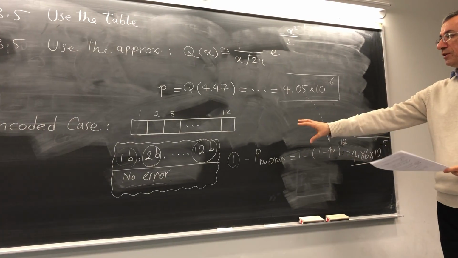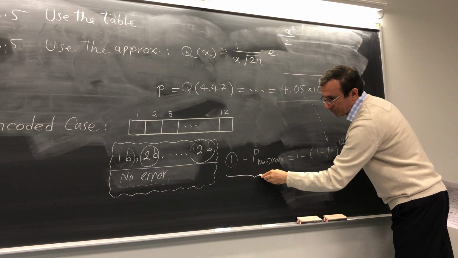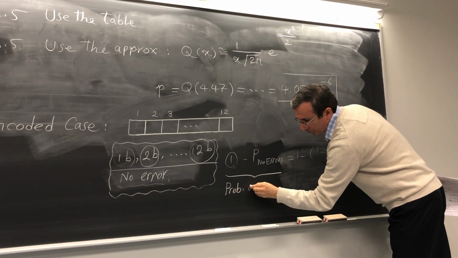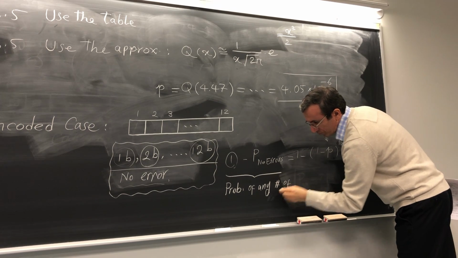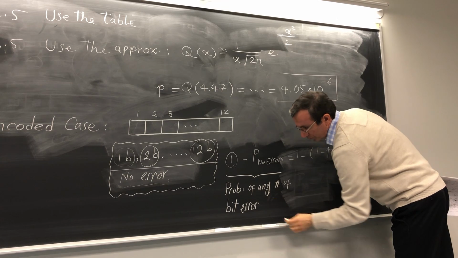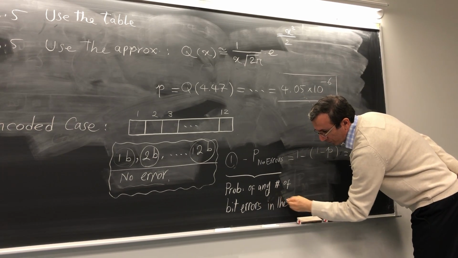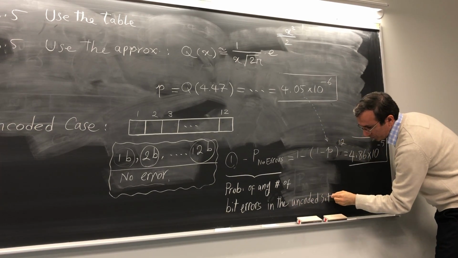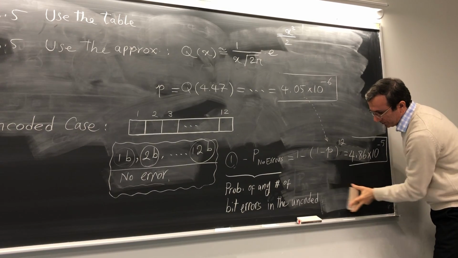So this is the probability of any number of errors in the uncoded situation or uncoded case.